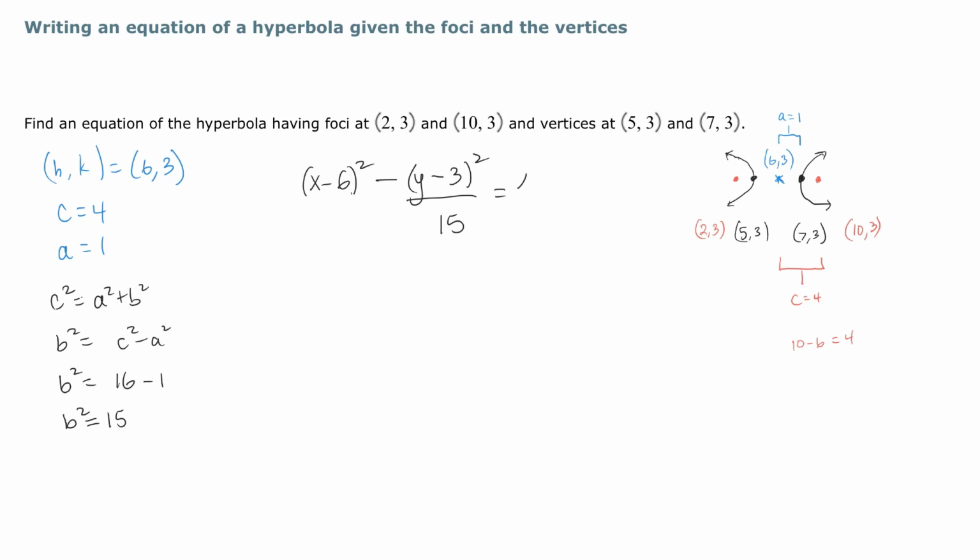And set that equal to 1. And there you go. You have written the hyperbola in standard form. And that's really the goal. Let's circle our final answer. Make sure you show how you get b squared. Make sure you show that work. That is necessary.